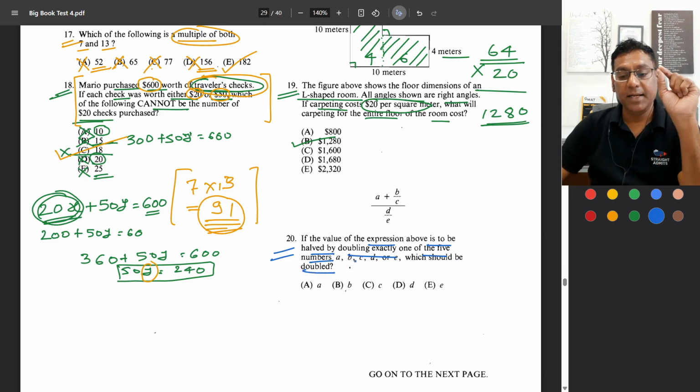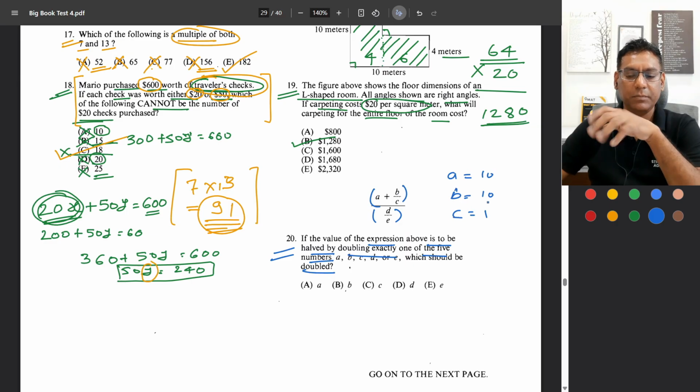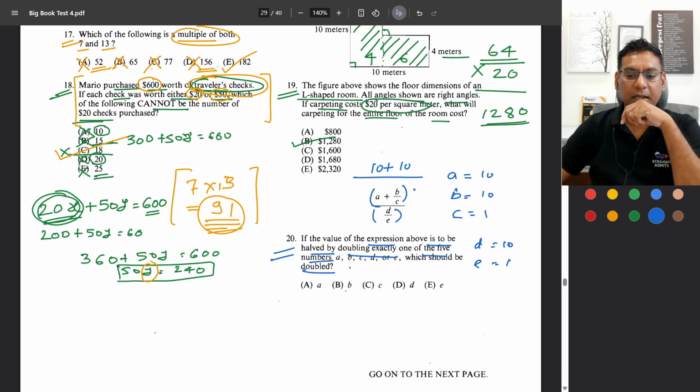Let's go logically. You can always take numbers also. The easiest way is to take numbers that are easy to work with. For example, take A equal to 10, B equal to 10, C equal to 1, so that B by C becomes easy to calculate, D equal to 10 and E equal to 1. In that case, what would you get? 10 plus 10 by 1, that's 10, divided by 10 by 1, that's 10.